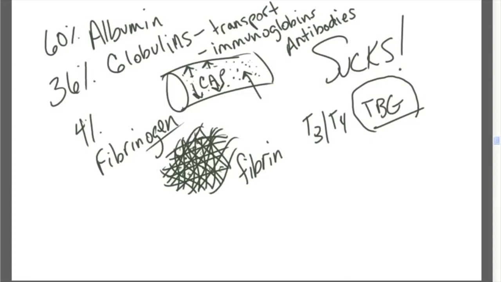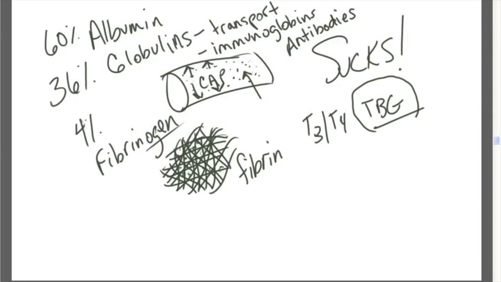What do you think activates it? Yeah, but I like this answer over here, a cut. Somebody said a cut. When you get cut, when you have tissue damage to either the lining of the vessel or the outside of the vessel, something happens, which we'll talk about at the end of this chapter, and it activates fibrinogen.